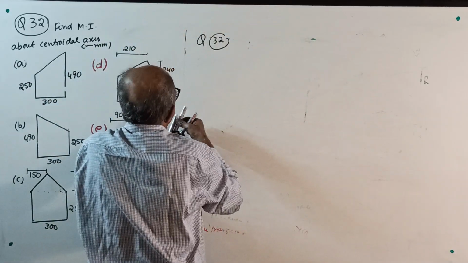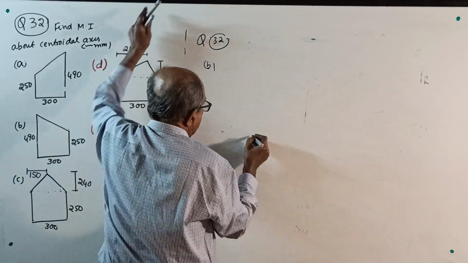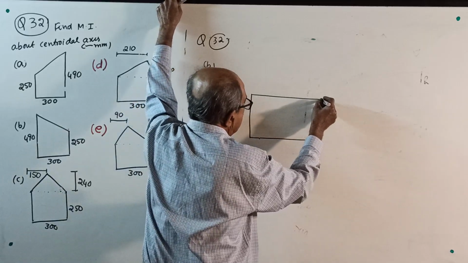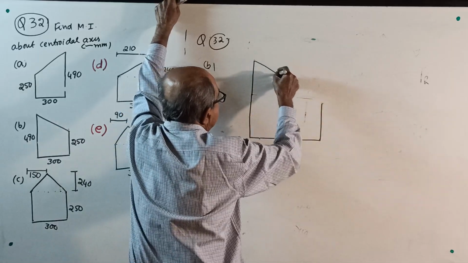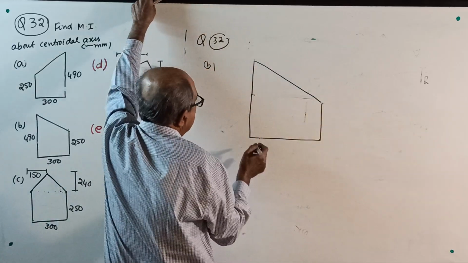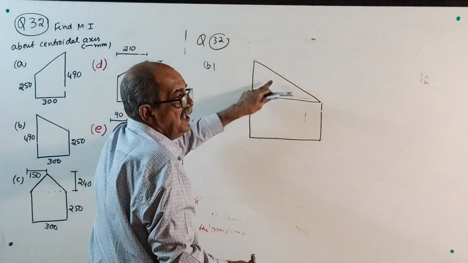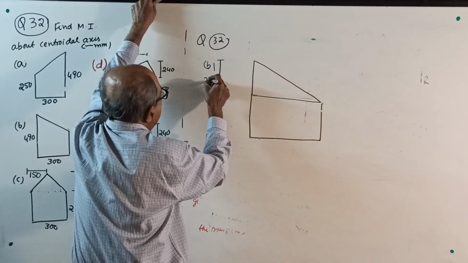Question 32B. One minute, I read the question first. Okay. Here, again, divide into two parts: one rectangle, one right angle triangle. This will be 240, once again 240.